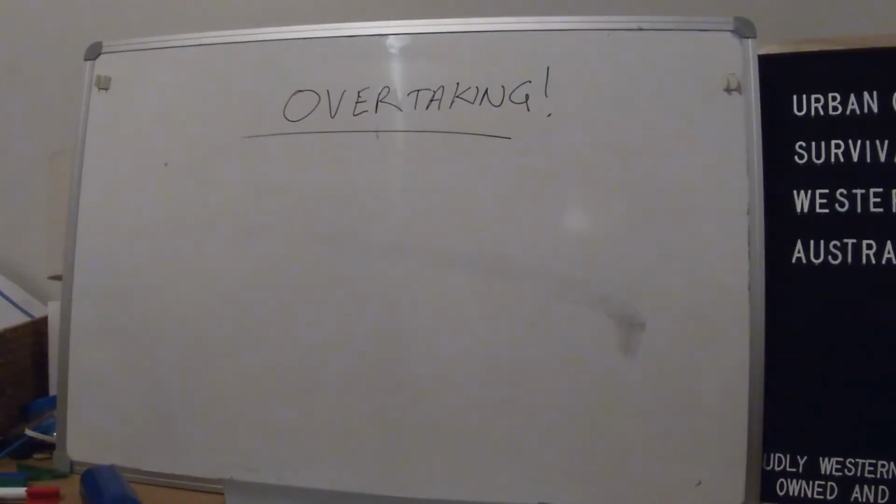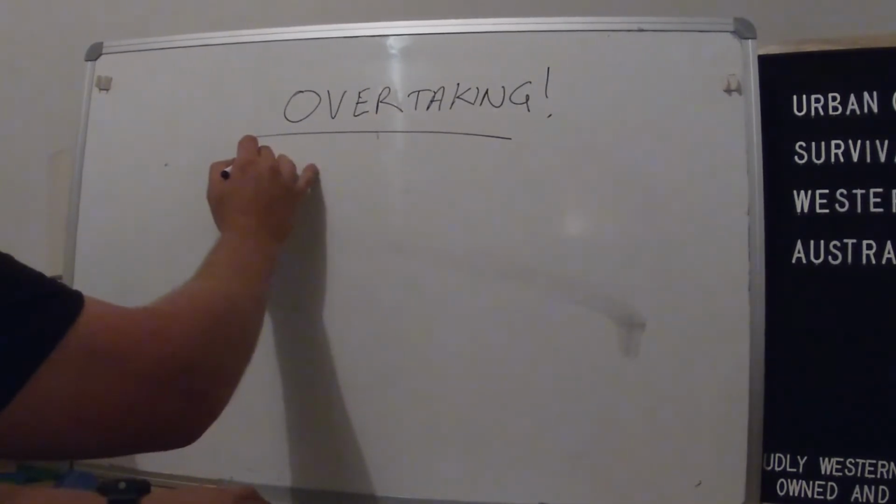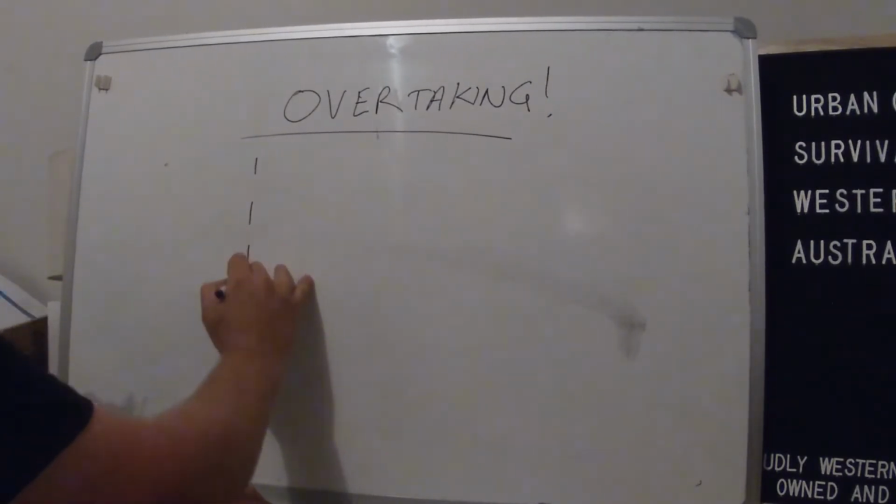Now, overtaking vehicles is something that is quite dangerous at times on Western Australian roads. There are a few markings on the road that will tell you when you can overtake and when you can't. Unbroken line, like so.